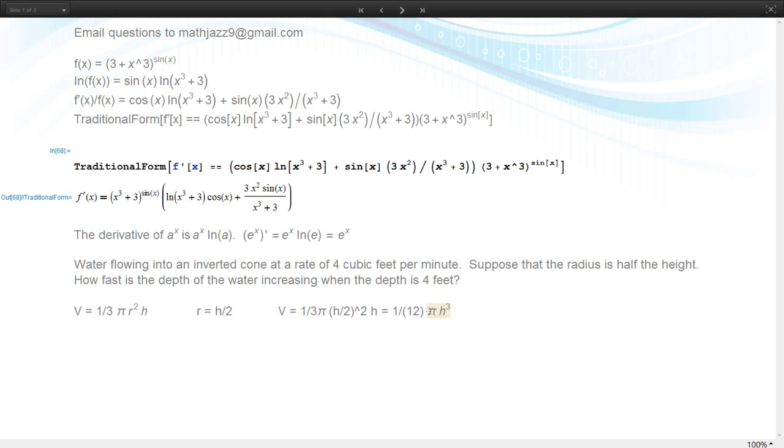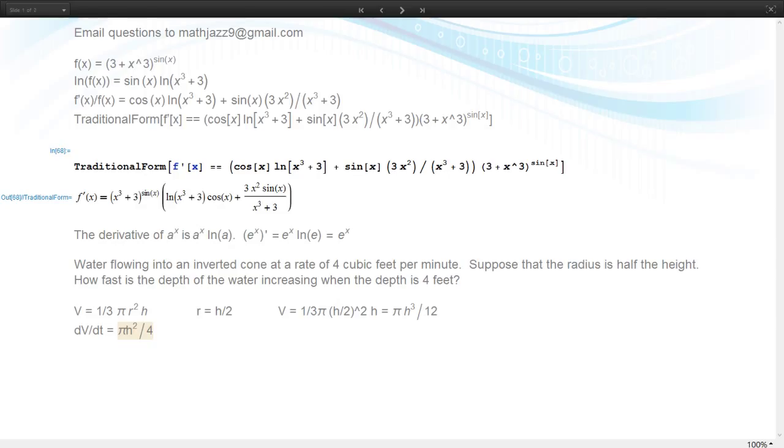Okay. Actually, I'm going to move this 12 to the end. So pi h cubed over 12. There we go. And now we're going to take the derivative. So we get dV over dt is equal to pi h squared over, now the 3 came down, and the 3 cancels with the 12 and leaves us with a 4 in the denominator.